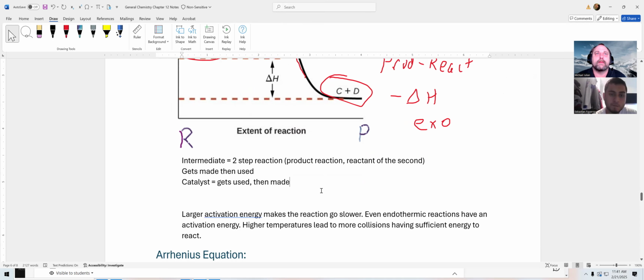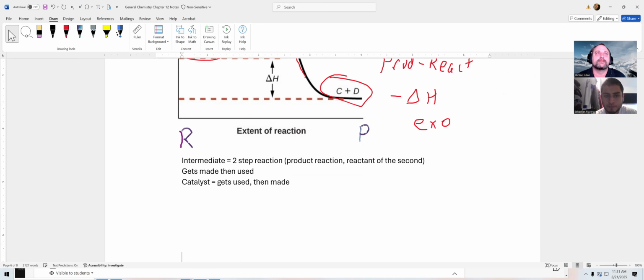So if I was drawing out my beautiful pictures here, reactants, products, energy, or H. If I'm looking at a two-step one, it'll have a little hump in the middle, and this is the intermediate.